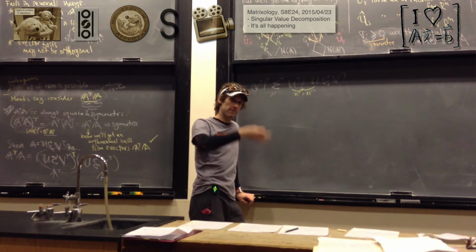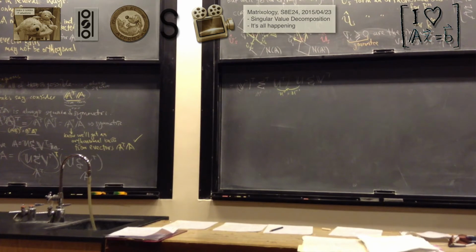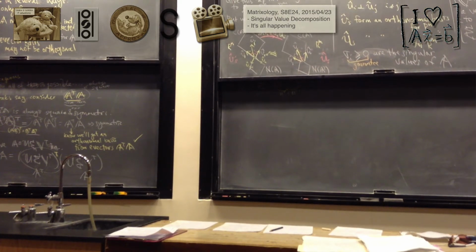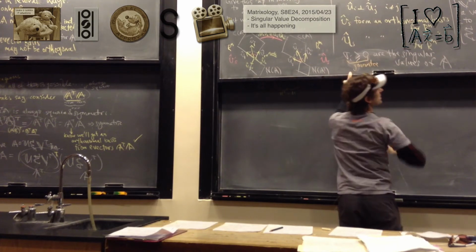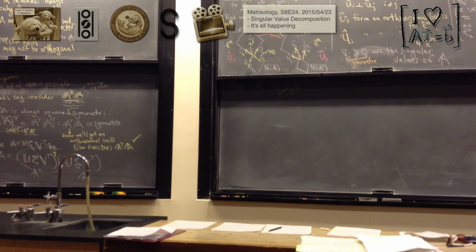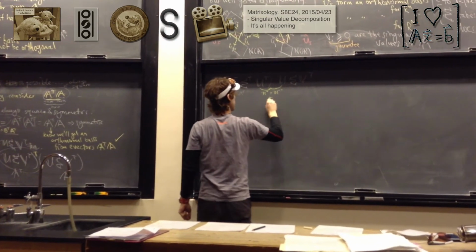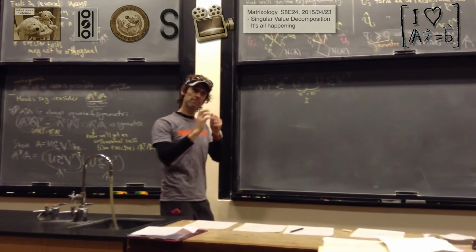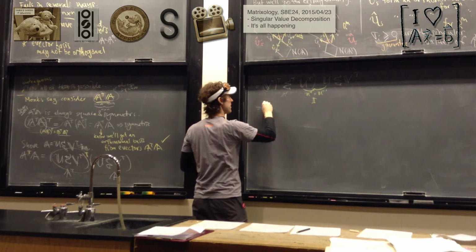The vectors in U, they're all at right angles to each other. So the inverse of U is U transpose. So this blob here is just the identity. So that goes whoop, away. And this is V transpose transpose, so we end up with V.